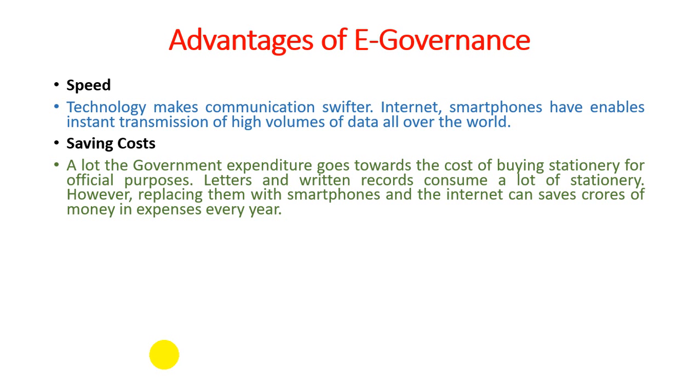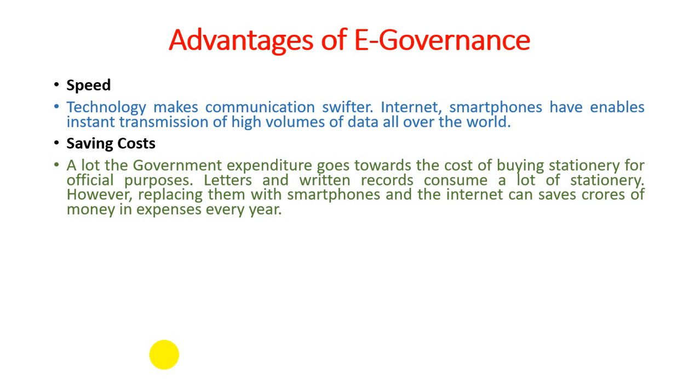A lot of government expenditure goes toward the cost of buying stationery for official purposes. Letters and written records consume a lot of stationery. However, replacing them with the smartphone and the internet can save crores of money in expenses every year, because 10 years back every government office had a lot of stationery.